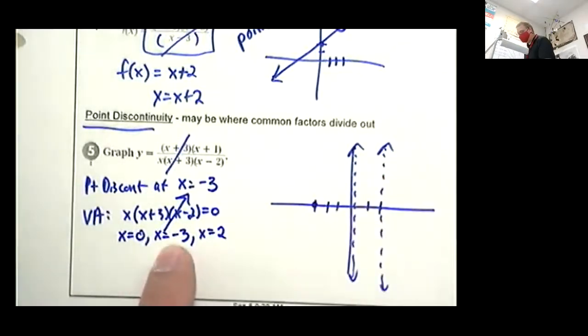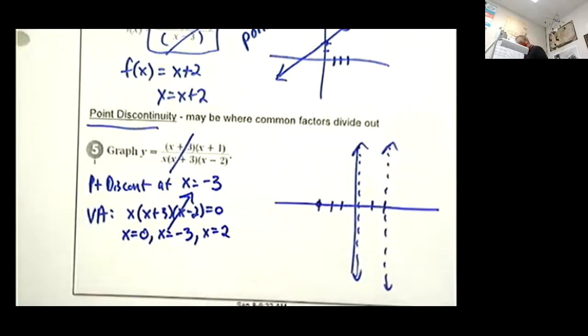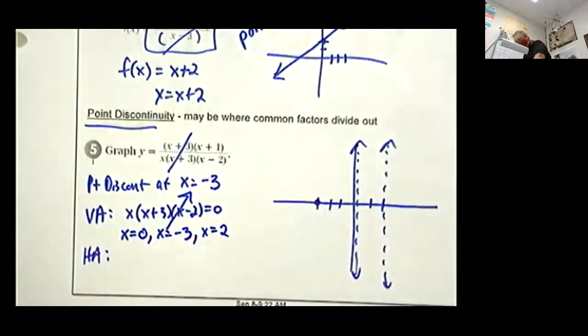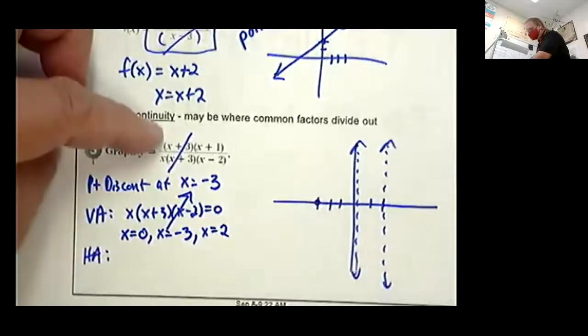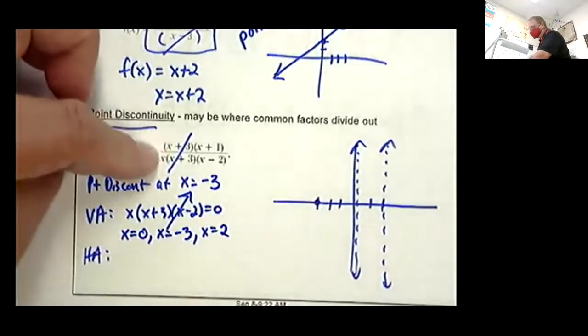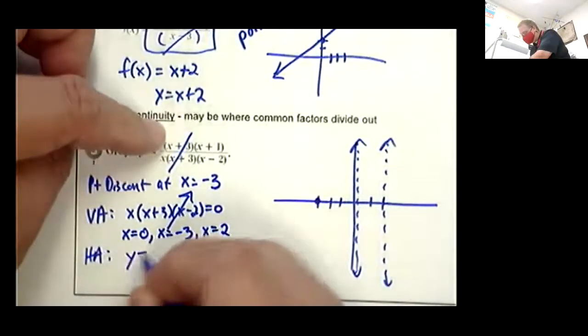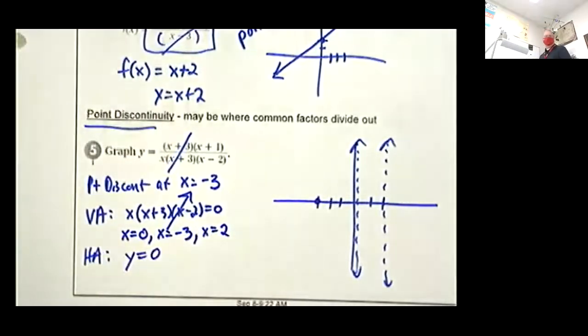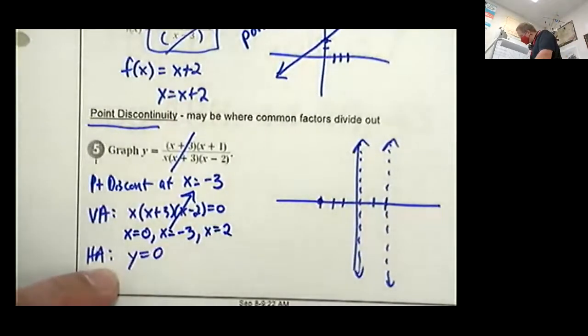So something happens there. Wherever that graph appears is our point discontinuity. Then we want to look at our horizontal asymptote. Because the degree of the denominator is greater than the degree of the numerator, that's going to be at y equals 0. That was our first case. Right, everything's going to cancel. And so y equals 0.